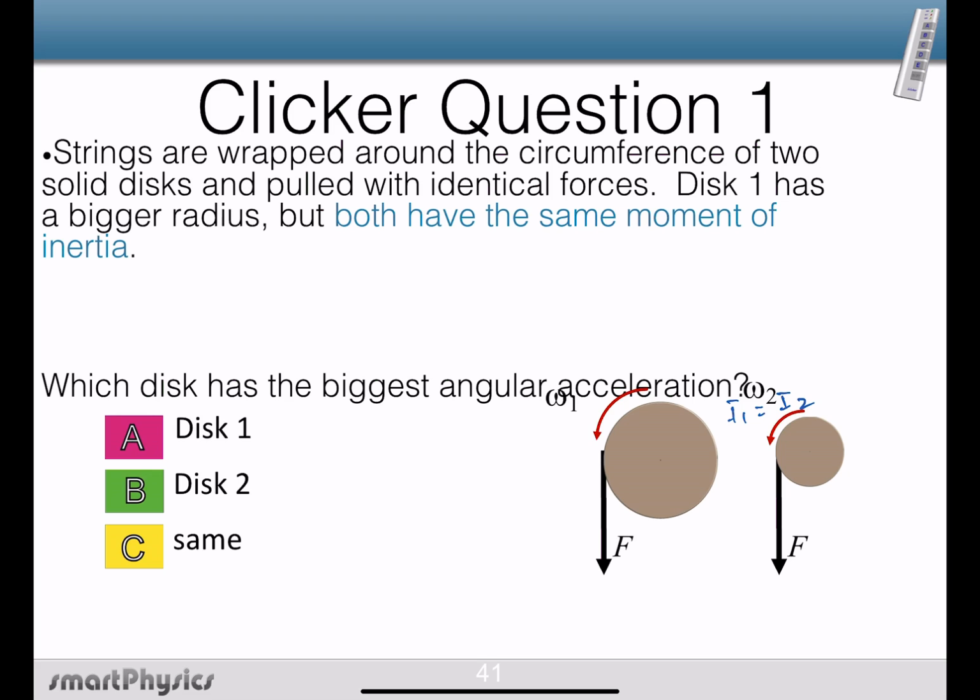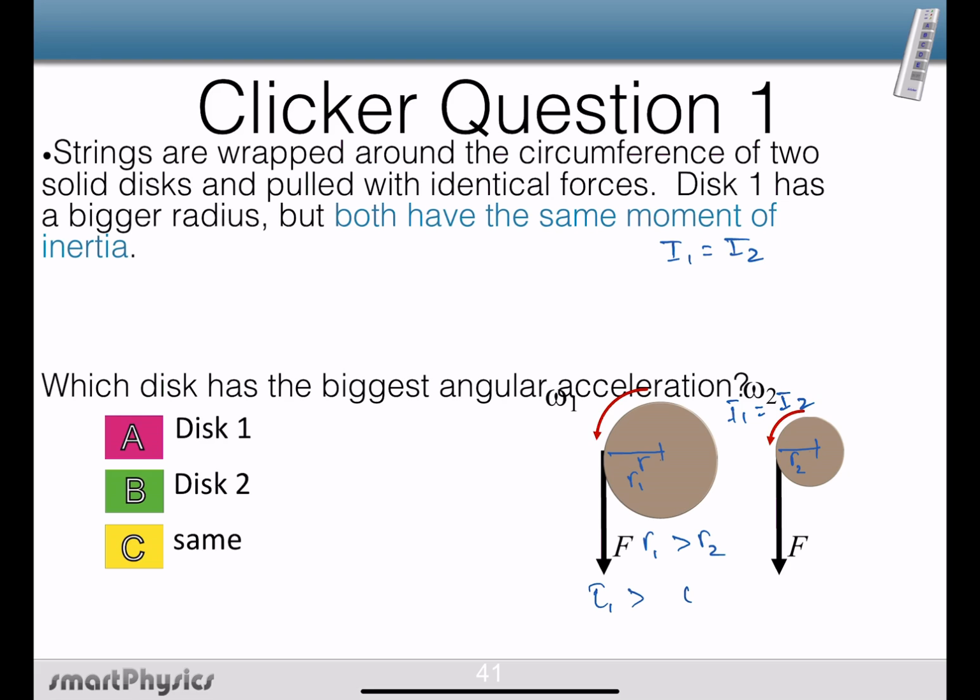Biggest angular acceleration. R1 is greater than R2, and I1 equals I2. The same amount of force is applied on both of them, so this one has greater torque.